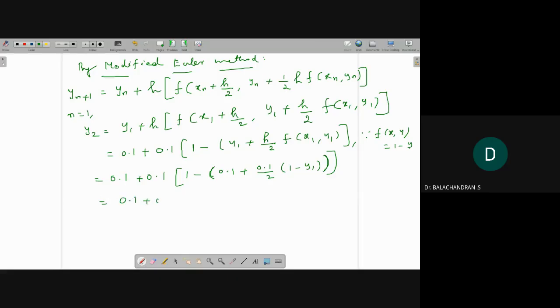I need the final answer. So 0.1 plus 0.1 divided by 2, into 1 minus 0.1. Please do it and tell the final answer.